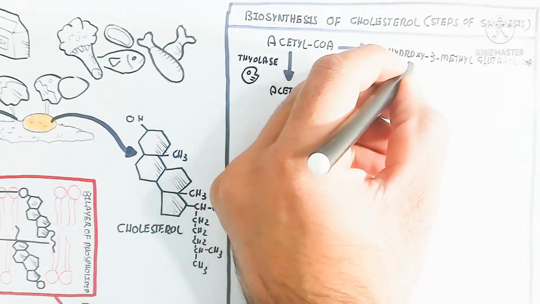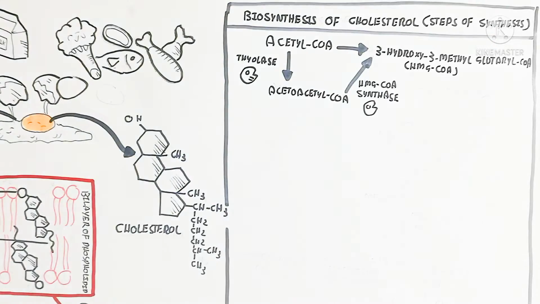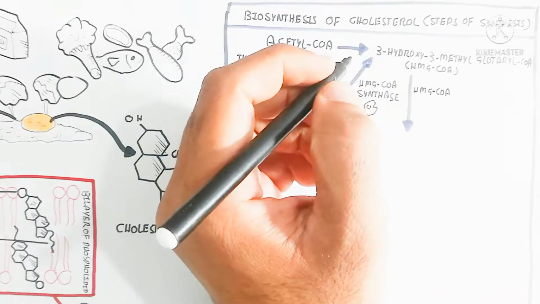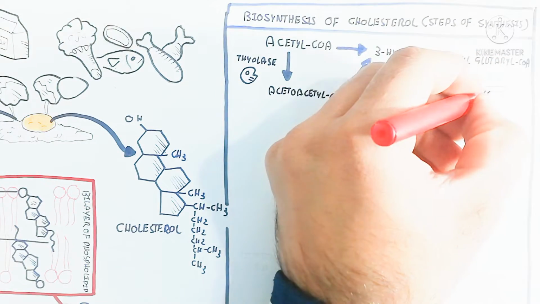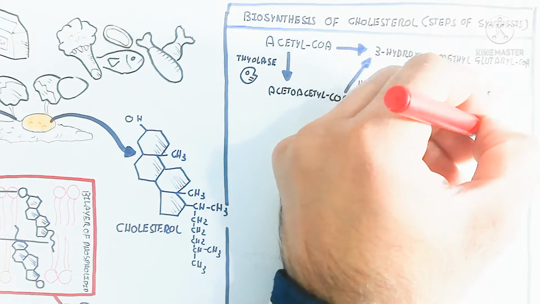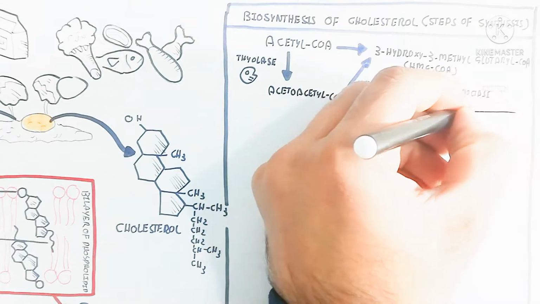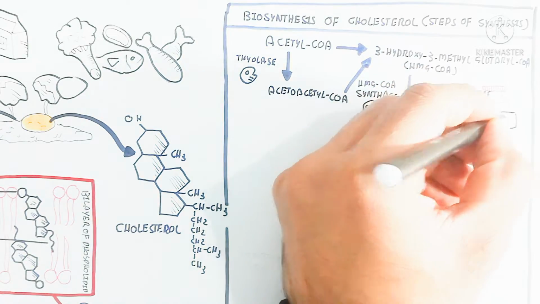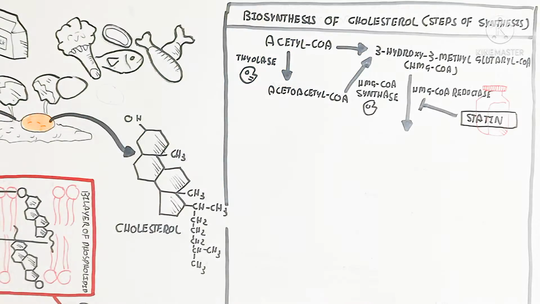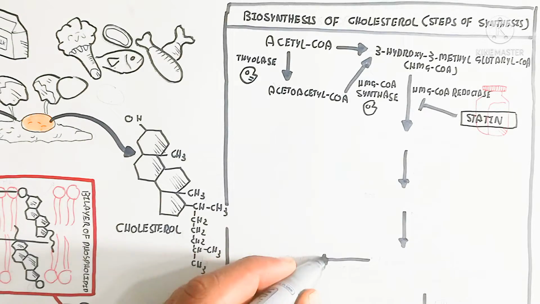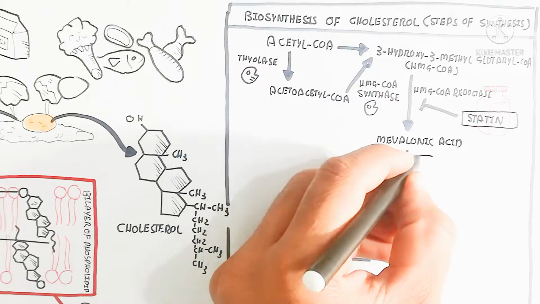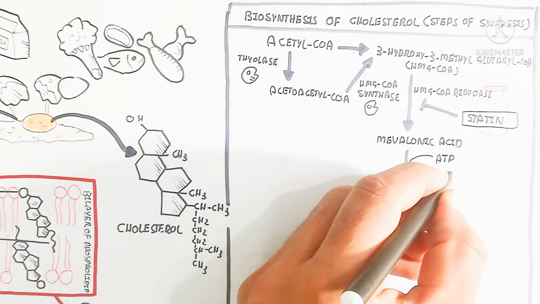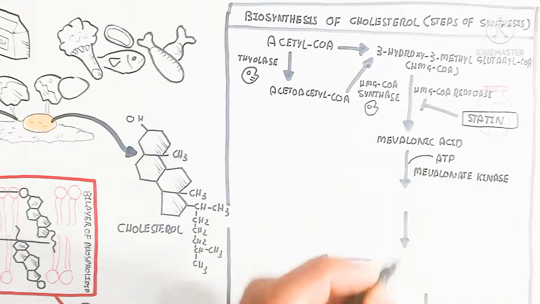Acetoacetyl CoA is also produced from acetyl CoA, and this acetoacetyl CoA goes to the 3-hydroxy step to produce HMG CoA. Then HMG CoA reductase is used to produce mevalonic acid, and its inhibitor is the statin, which inhibits the production of cholesterol by this mechanism.